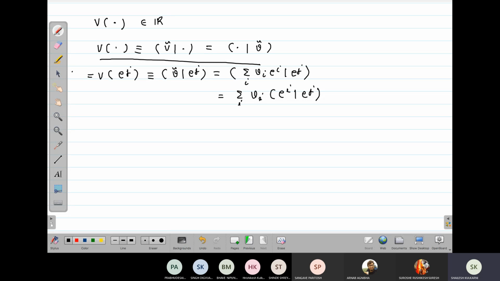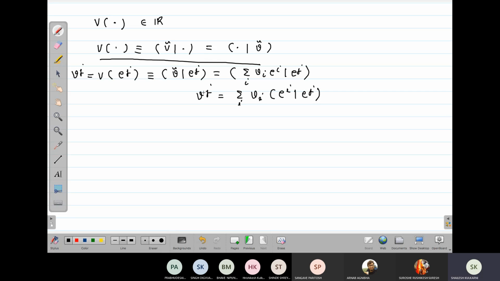This by definition is the jth component of the vector. So Vj is summation over I, V lower I, Ei inner product with Ej, but this is the inner product in dual space. Same inner product but in dual space. So now for given components of a dual vector, I have the components of a vector.